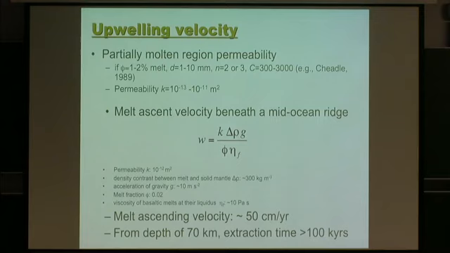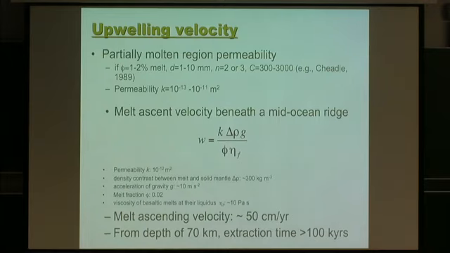Then what you get is essentially the permeability estimate will be somewhere like 10 to the minus 13 to 10 to the minus 11. So this permeability essentially is like normal sandstone with 20% of porosity or very clean sand, right?